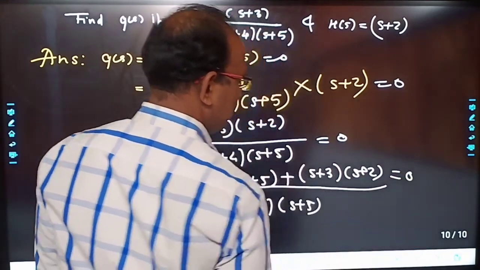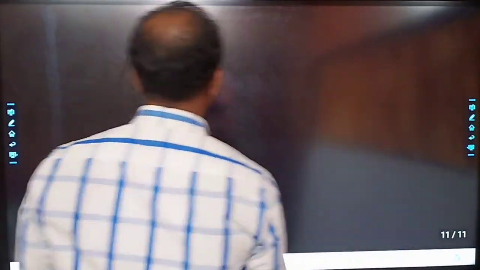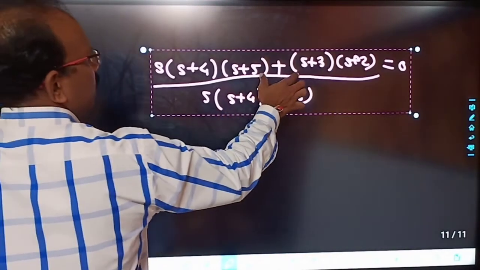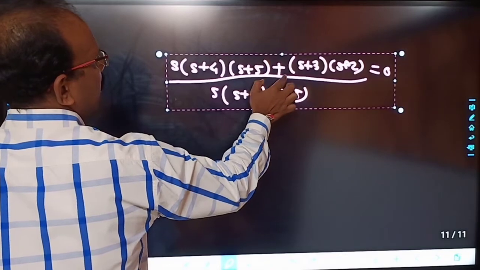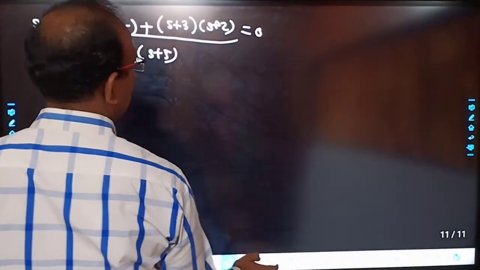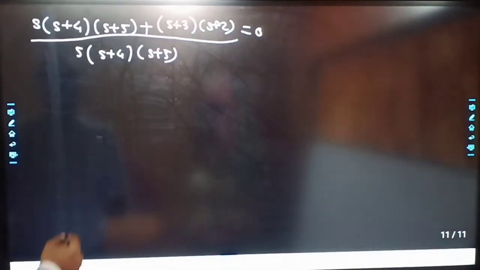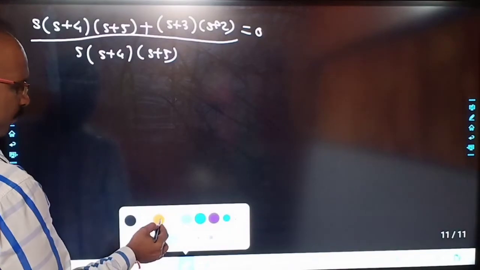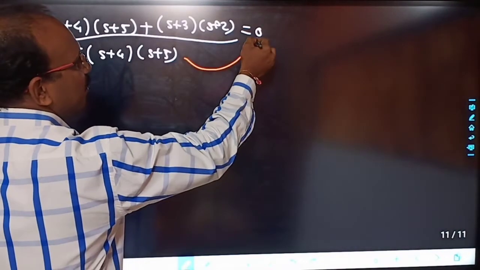I copy this. Okay, I will take it on the next page. So this is the last part. Now what we want, this is equal to 0. So if I take this side, what will happen?